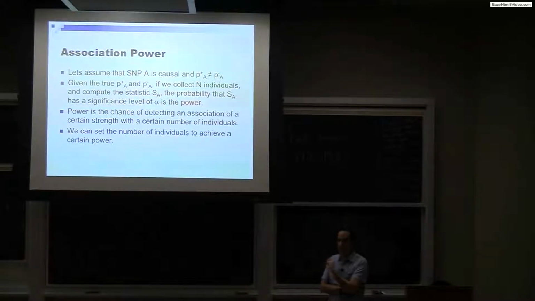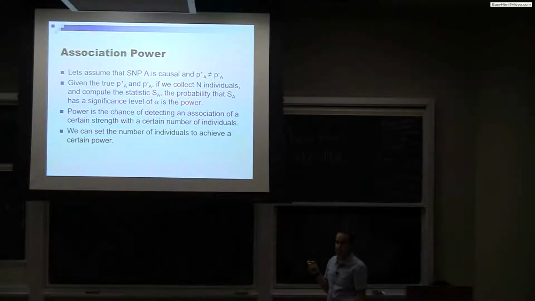So power has to do with the following concepts. It's basically saying let's now assume that there is an association at the SNP. So the SNP is actually involved in the disease, which means that these two values are different.